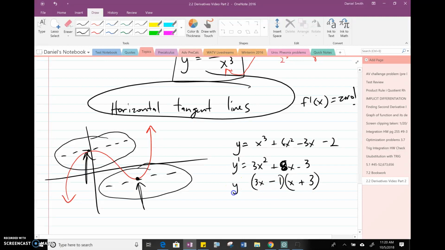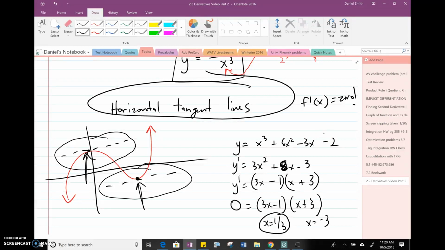And so once we set our derivative equal to 0, what we're doing is finding the horizontal tangent lines. We're finding the 2 spots where the slope is 0. So we'd have one at 1/3. That would be one of our horizontal tangent positions. And we'd have one at -3, if I made this problem up with a little more thought than just winging it.